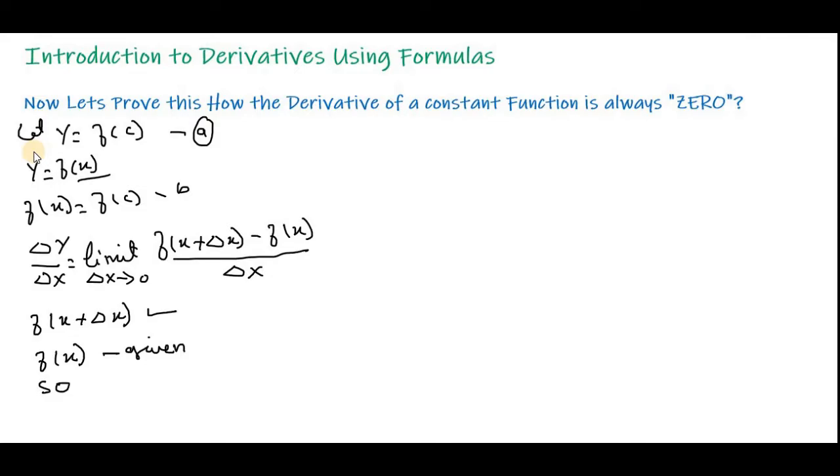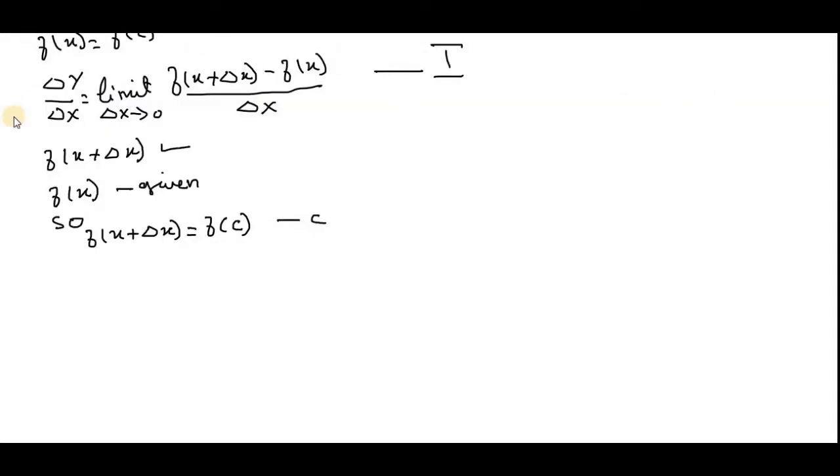We will add delta x where there is x. So we have added delta x, but on the other side, f of c is a constant function and has no variable x, so we cannot add delta x, so f of c will remain as it is, and we can mark this equation as C.